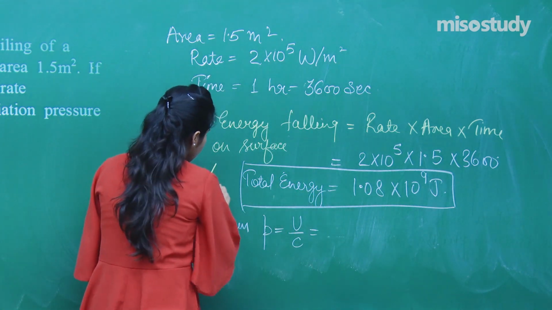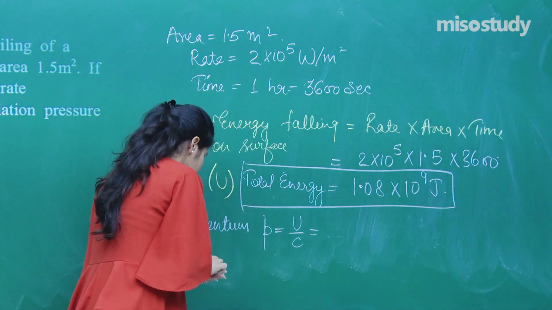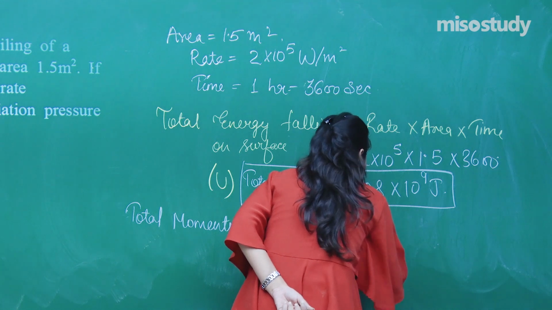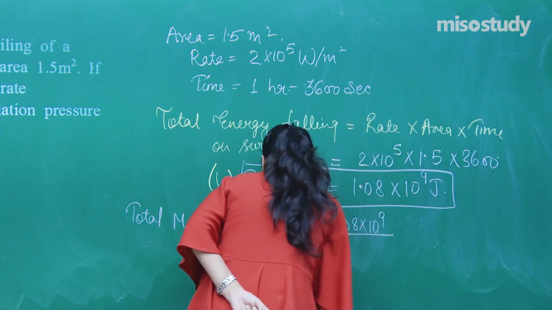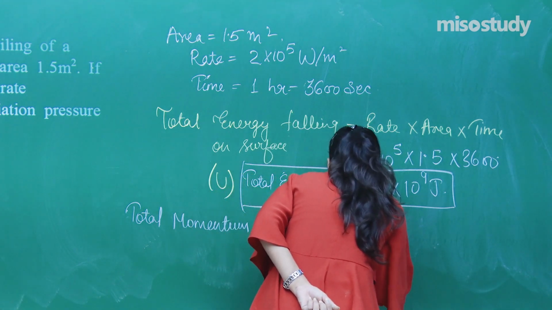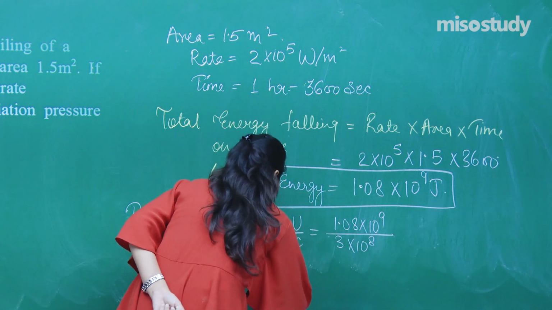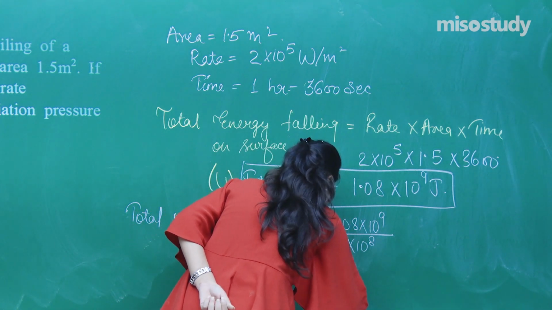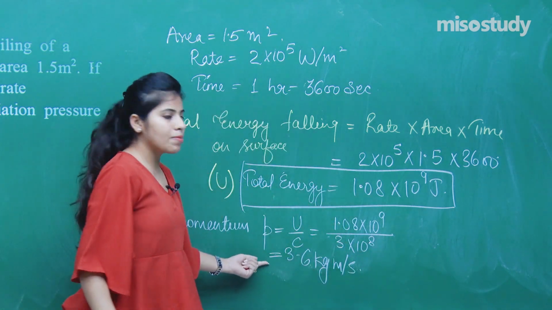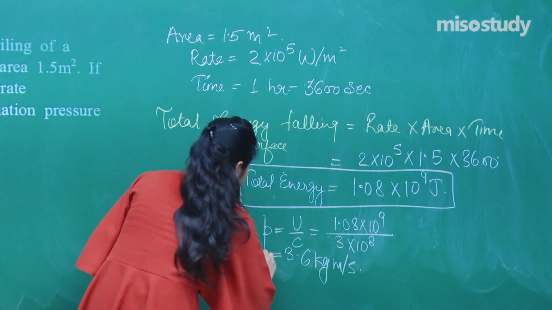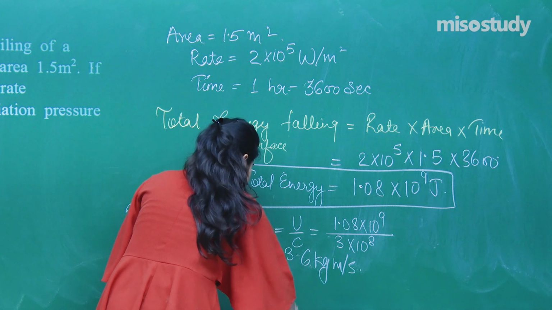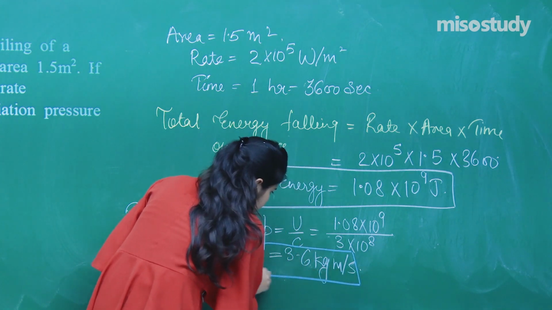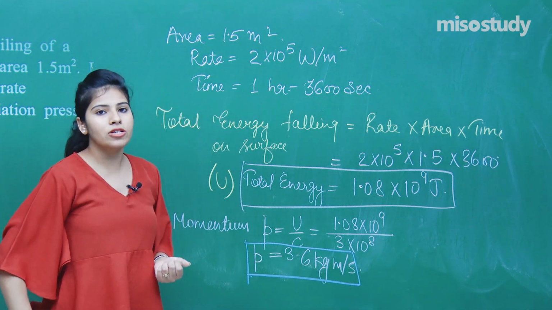So U will be 1.08 into 10 raised to the power 9 divided by 3 into 10 raised to the power 8. When you solve it, you will have 3.6 kilogram meter per second. Are you guys able to see this? Okay. So this is P, that is momentum, 3.6 kilogram meter per second.